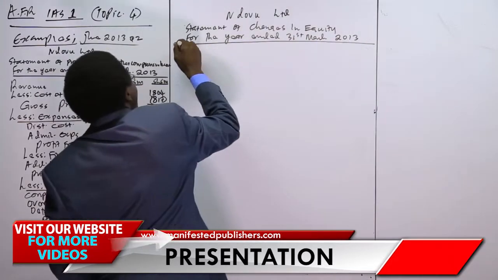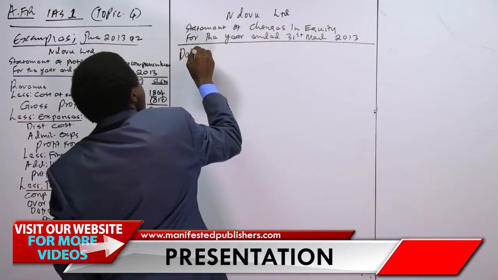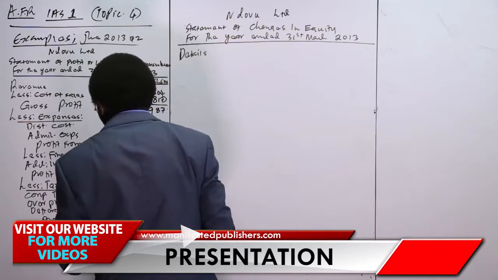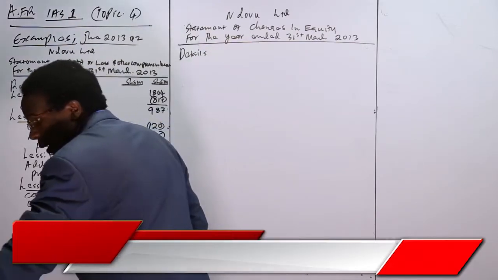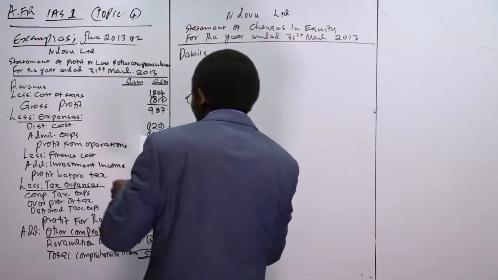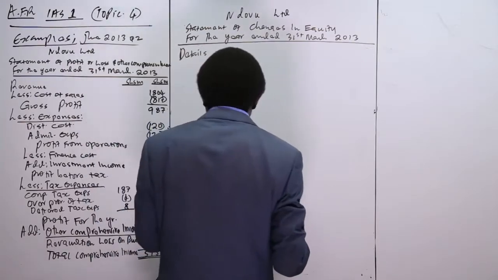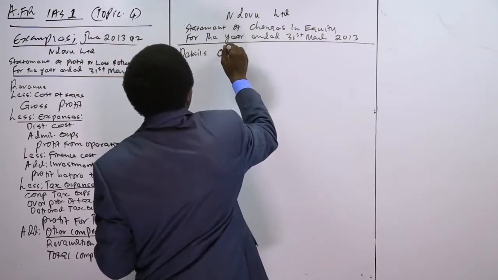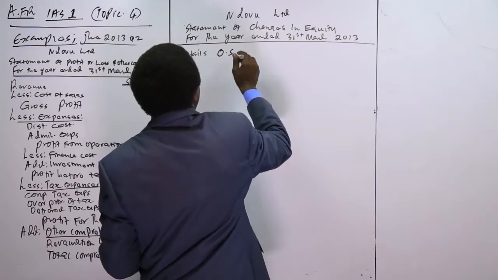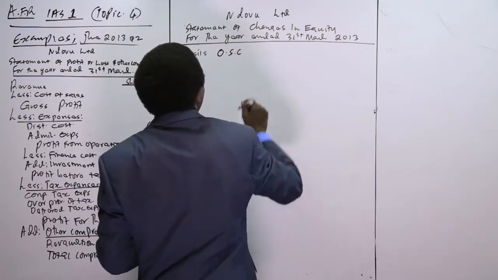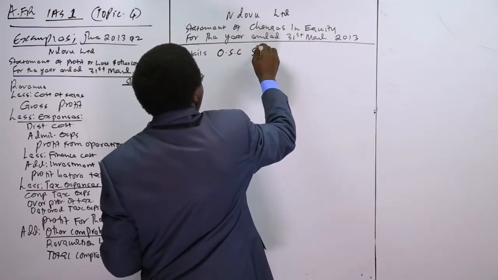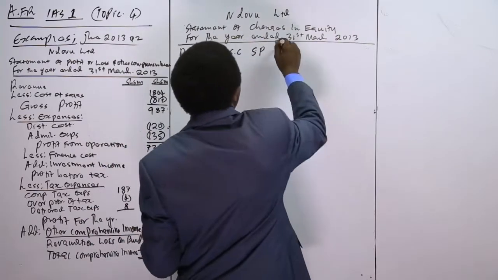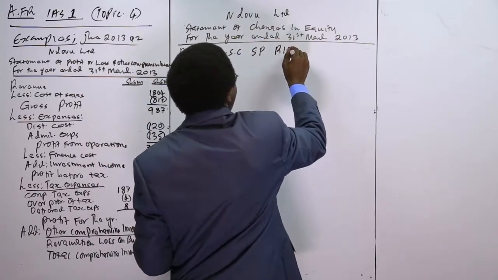We have the details here. We also add some items. If I'm not wrong, we had ordinary share capital. Let me use OSC. Then we had the share premium. Then we have the retained earnings.